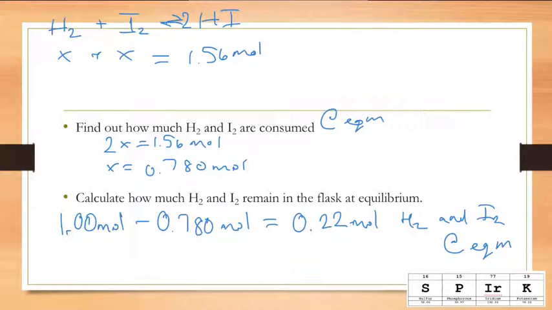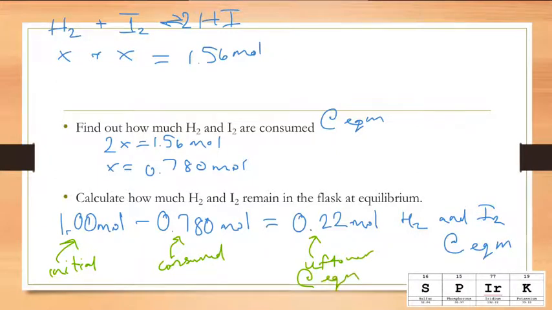So again, this is our initial values for H2 and I2. This is how much was consumed. And this is how much is left over at equilibrium.